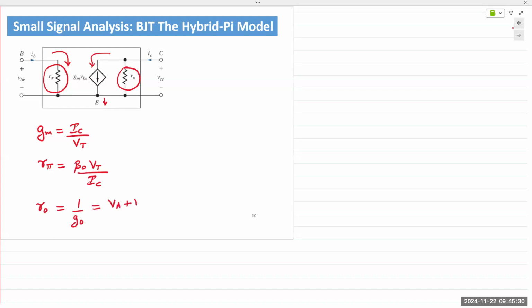And that comes out to be VA plus VCE over IC. And because the Early voltage is usually large enough that we can ignore VCE, we can write the output resistance is approximately equal to VA over IC. And that's the output resistance. So you can see how the Early voltage has an effect on the design of an amplifier due to output resistance.